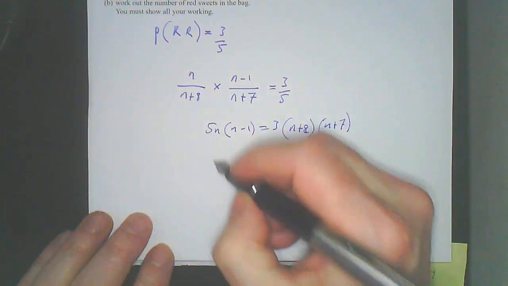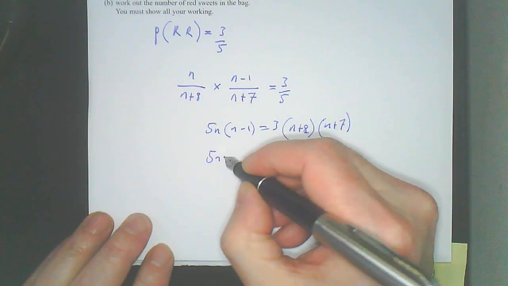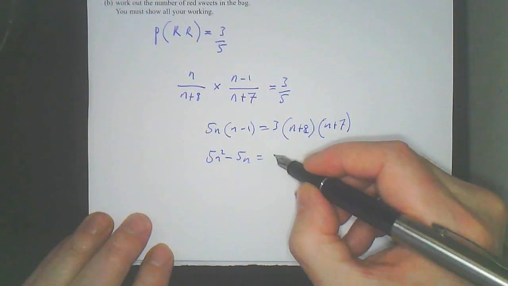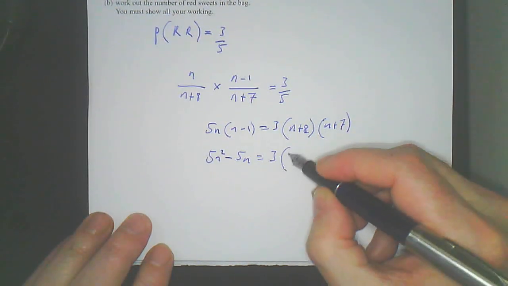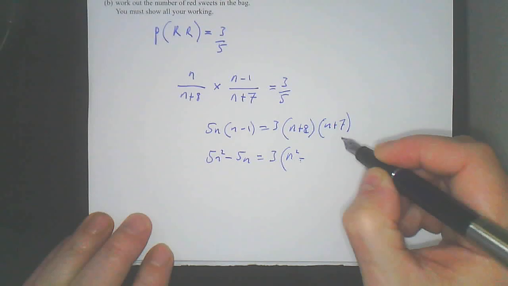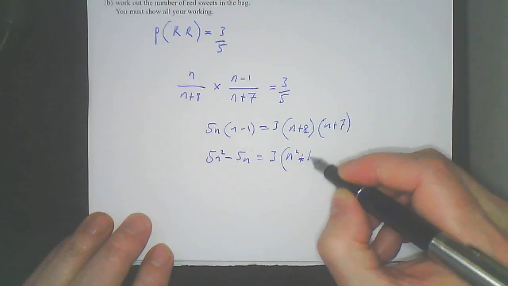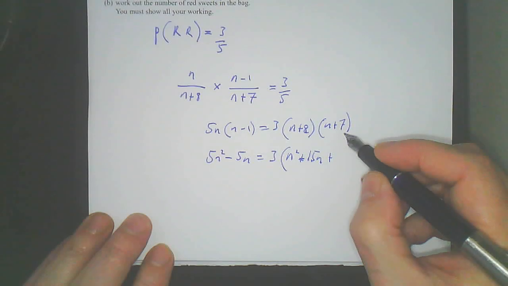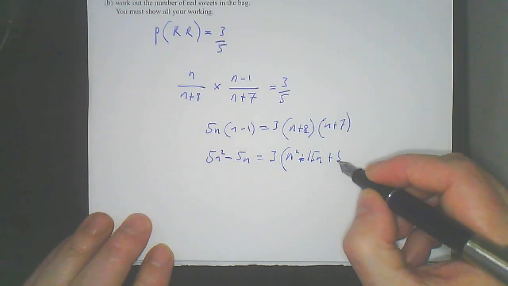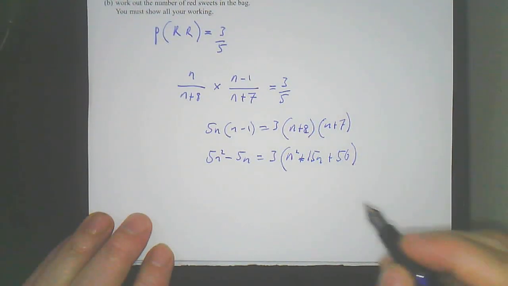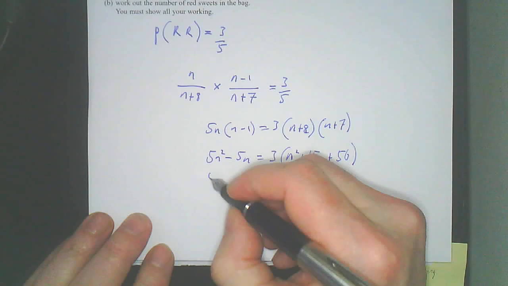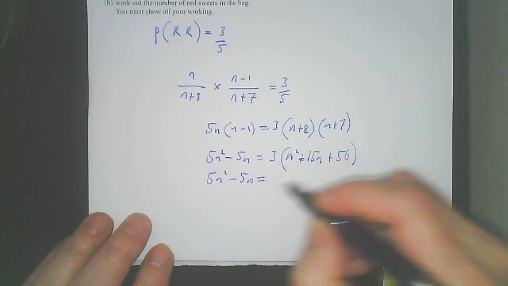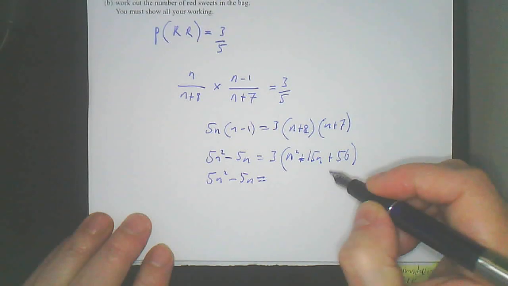Expand all this. 5n squared minus 5n equals, let's do this in 2 stages, n squared plus 8 and 7 is 15n plus 8 times 7, which is 56, and then expand that bracket, equals, what have we got here?